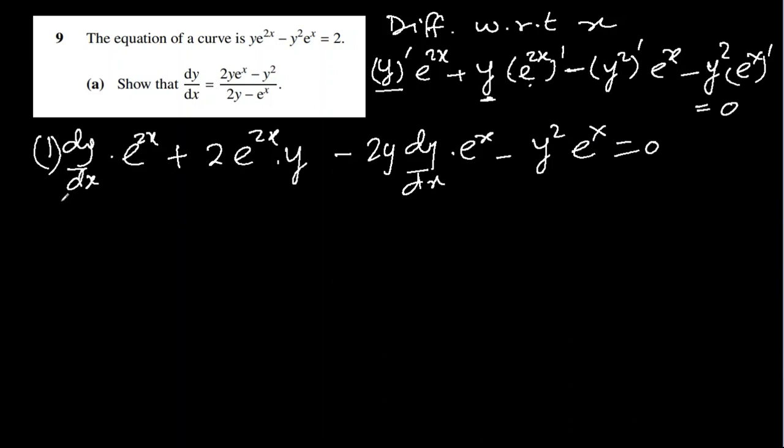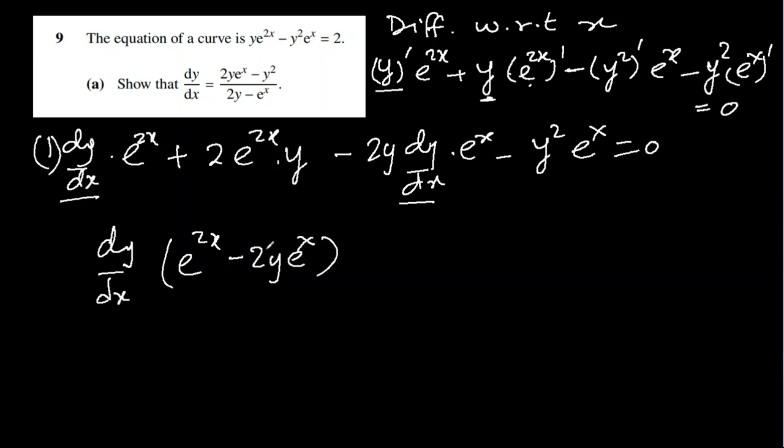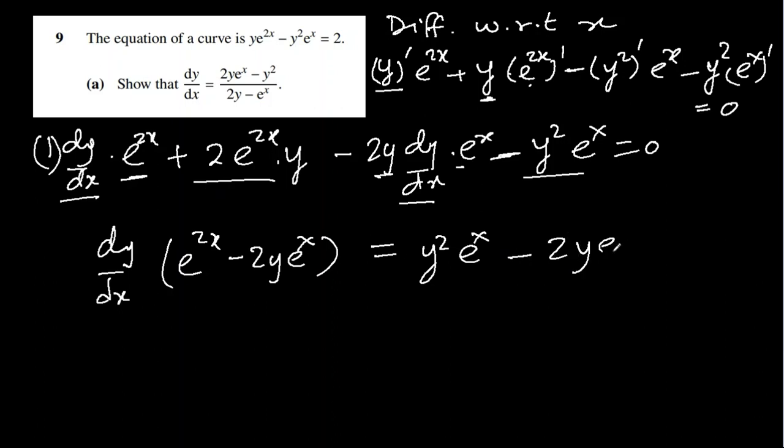Now let's take dy over dx common from these two. So dy over dx times e to the power 2x minus 2y e to the power x. And let's bring these two to the other side. I'll write this one first because this will become positive. Equal to y square e to the power x, and this will become negative, minus 2y e to the power 2x.